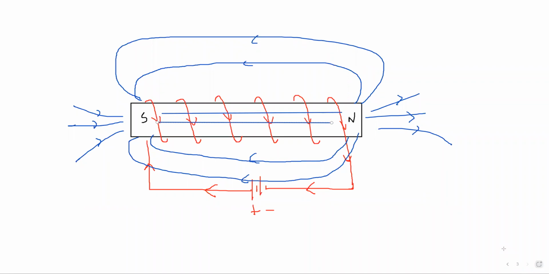In the same way, it can be the other way around. If it is carrying a current the other way around, so this is a cylinder and the wire is turned, and we are passing a conventional current.